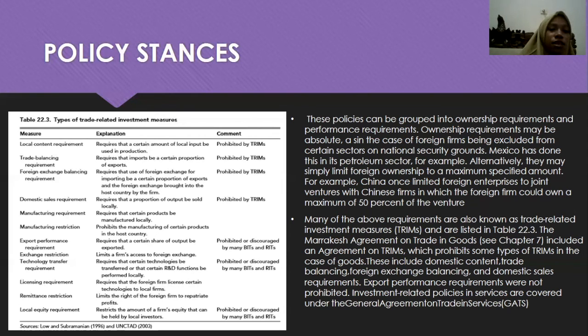So next is licensing requirements, which require that the foreign firm license certain technology to local firms. Remittance restrictions limit the right of the foreign firm to repatriate profit. And local equity requirements limit the amount of a firm's equity that can be held by local investors. It's prohibited or discouraged by many BITs and RTAs.